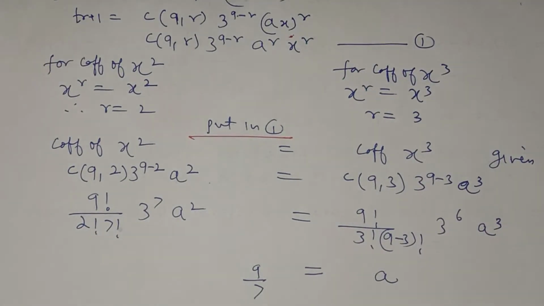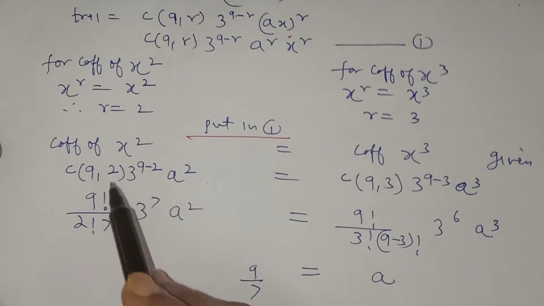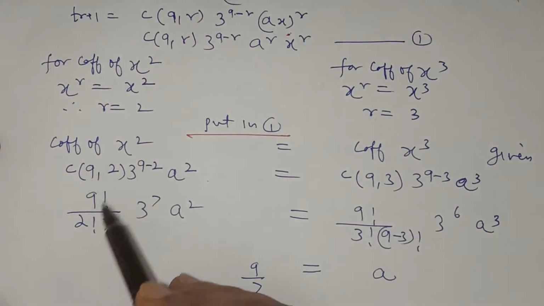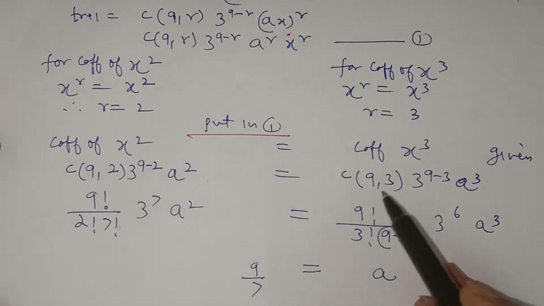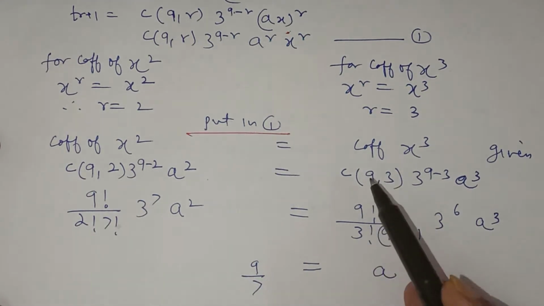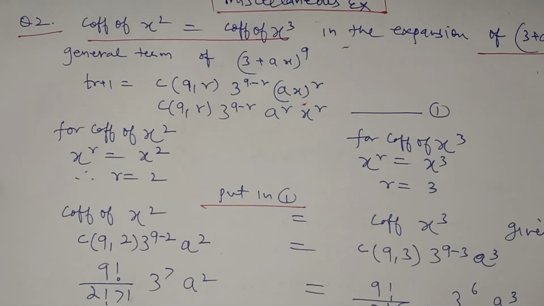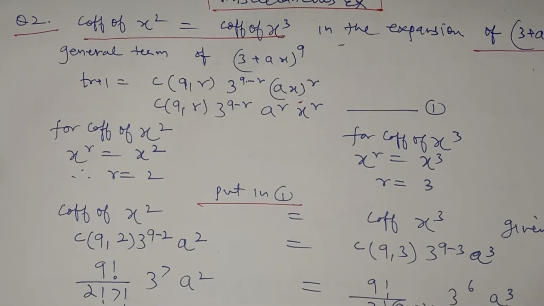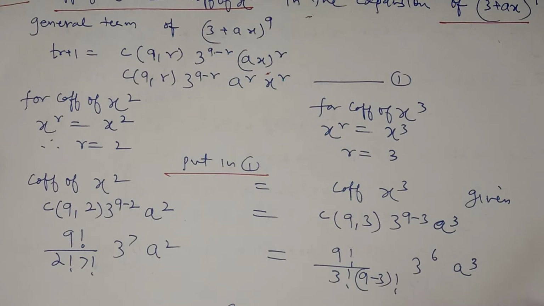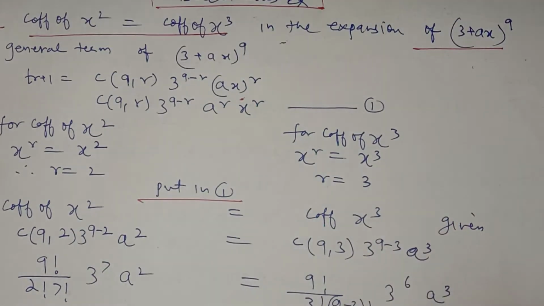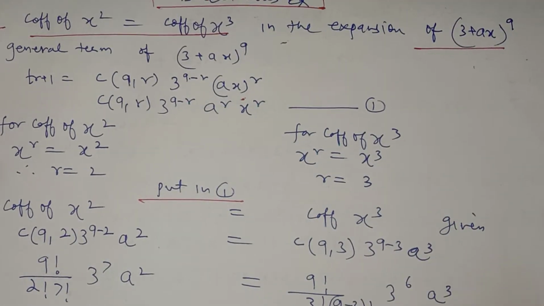By simplifying the combinations on the left hand side as well as the right hand side, 9 factorial over 2 factorial, 9 minus 2 factorial, and similarly 9 factorial over 3 factorial, 9 minus 3 factorial, you will get the value of a, which is 9 upon 7. So this is the method to find the value of a when the coefficient of x squared and the coefficient of x cubed are given to be equal in the binomial expansion of (3 + ax) raised to power 9.